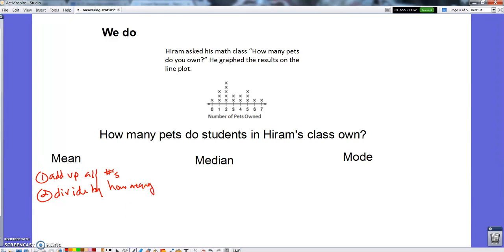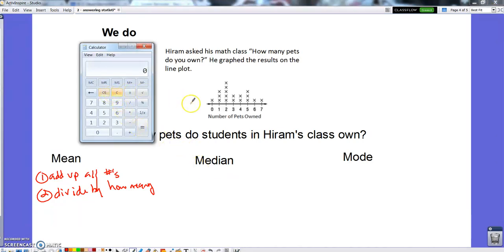All right, so if we look at this list, we have 1 person has 0, 3 people have 1, 5 people have 2, 2 people have 3, 2 people have 4, 3 people have 5. 1 person has 6. Holy cow, that's a lot of pets. And 1 person has 7.